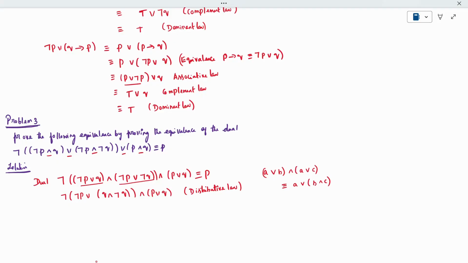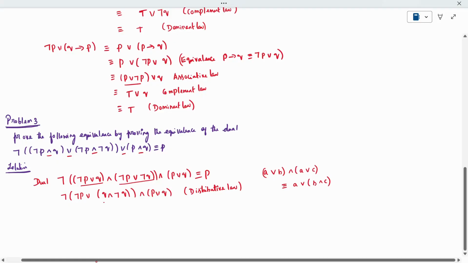Next step, we know that Q and negation Q are F, using the complement law. Negation P is nothing but F, by the complement law. Next step, we know that negation P disjunction F is nothing but negation P itself, using the identity law.